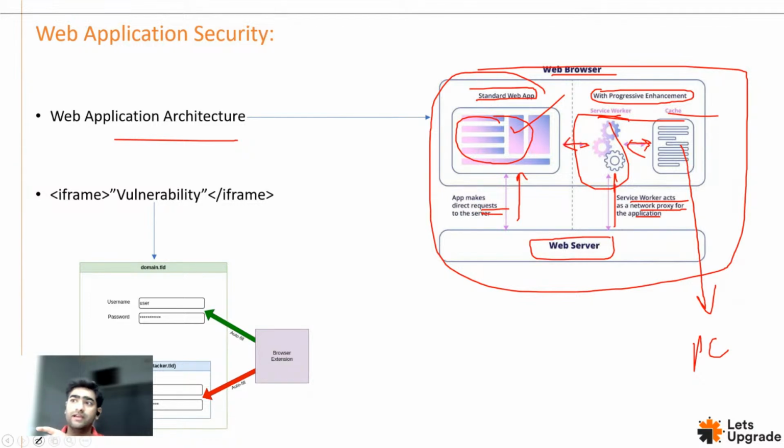Okay, so this is the iframe vulnerability. First of all, I would like to tell you something about it. The formal name of this iframe vulnerability is cross-frame scripting, which is XFS. This is an attack that combines malicious JavaScript with an iframe that loads a legitimate page in an effort to steal data.